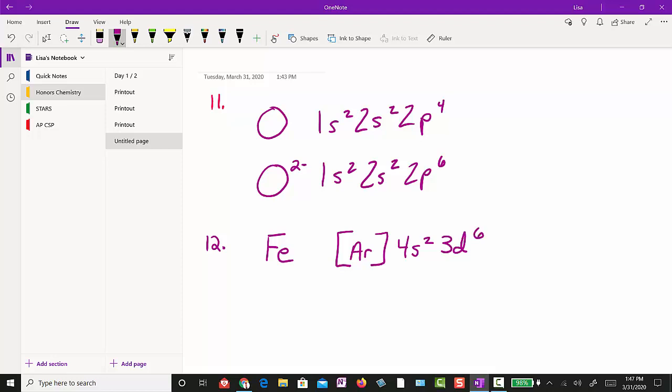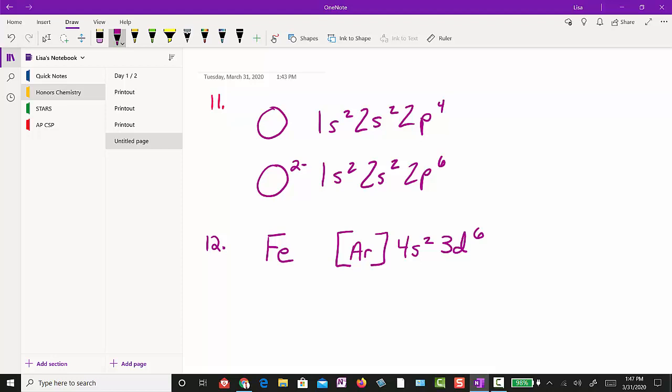Okay, so remember on the notes, it said that when atoms lose electrons, they lose valence electrons first. And our valence electrons are the s and the p electrons in the highest energy level.